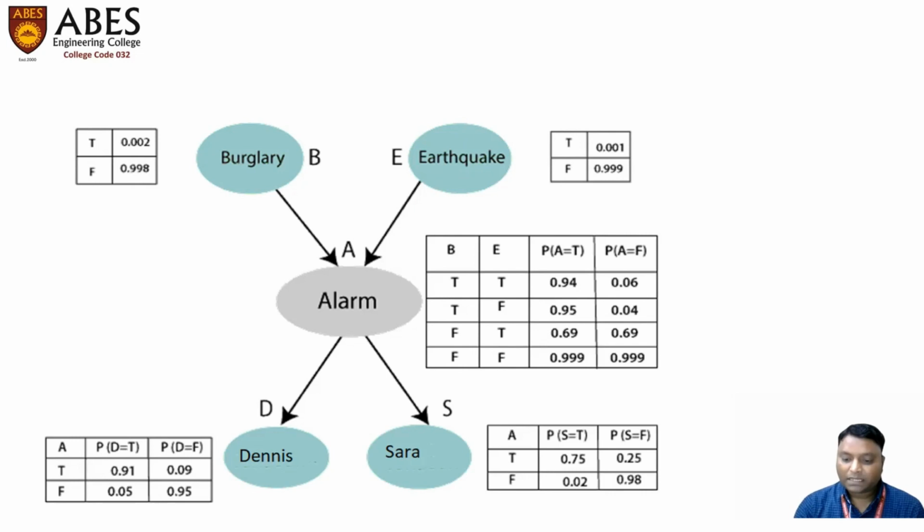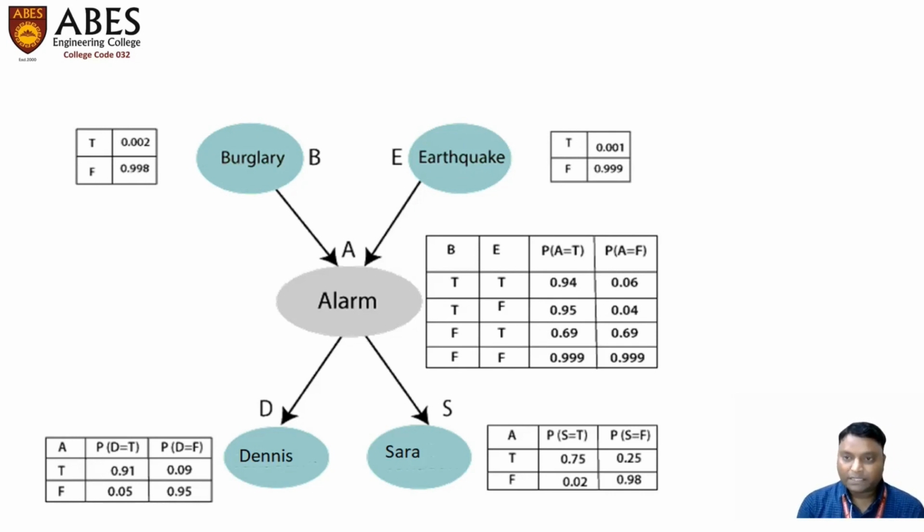Third thing, the conditional distribution for each node is given as a conditional probability table or CPT. Each row in the CPT must sum to 1 because all the entries in the table represent an exhaustive set of cases for the variable.